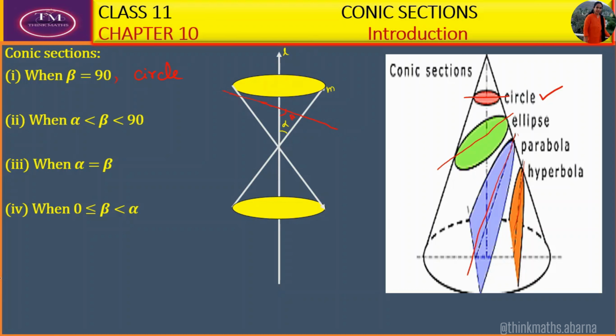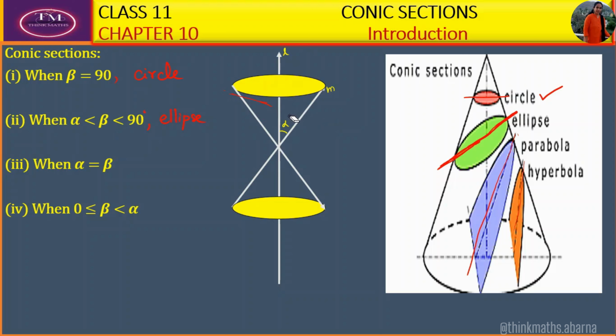If beta is greater than alpha and less than 90, then we will get the shape of the ellipse. So if we cut in a slanting position, we get an ellipse. The condition for the angle is that beta should be greater than alpha and less than 90 degrees.